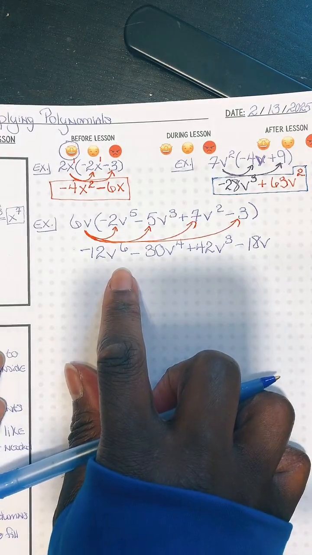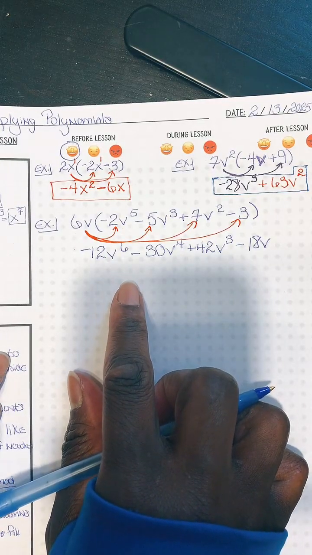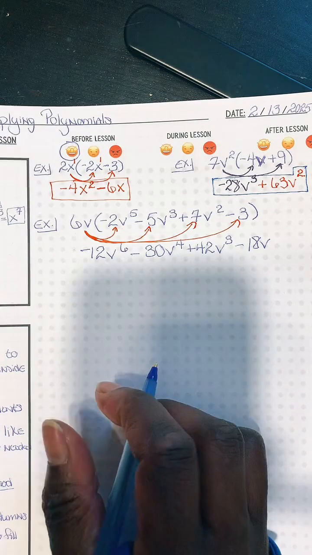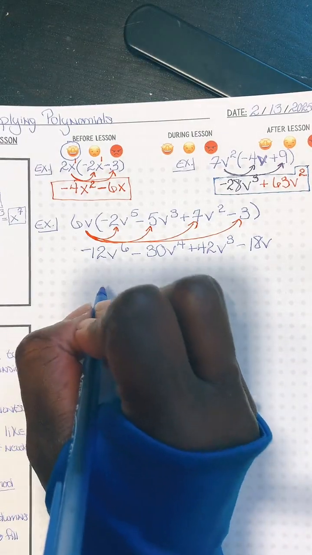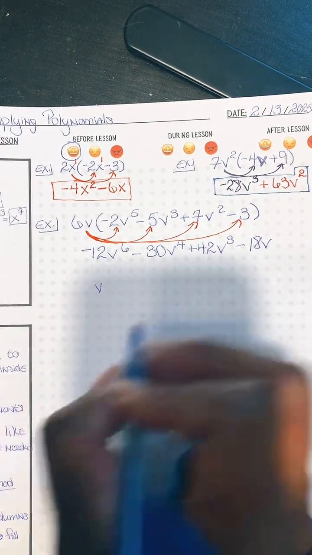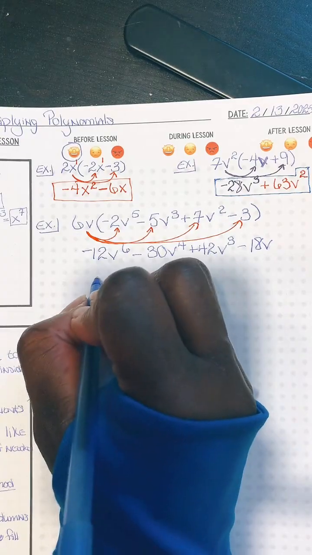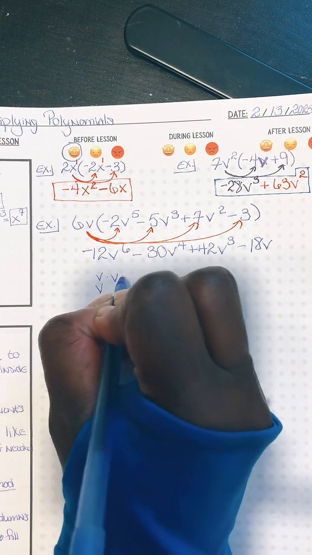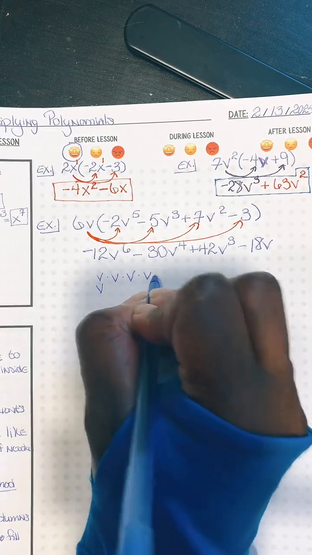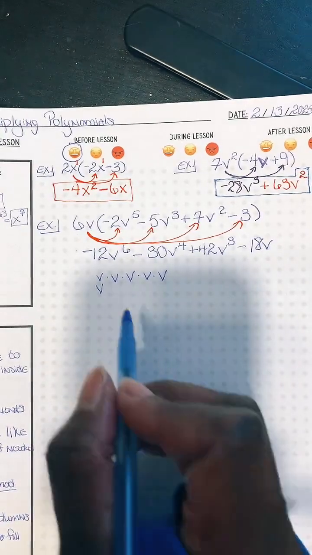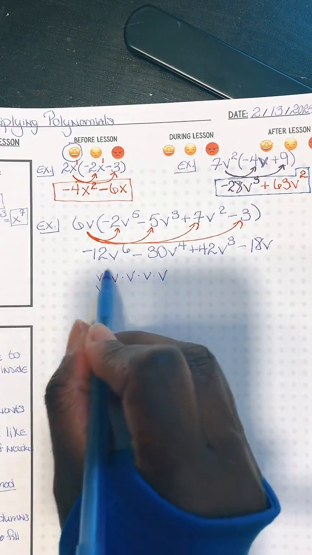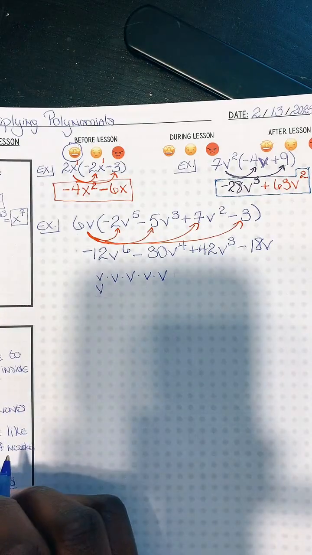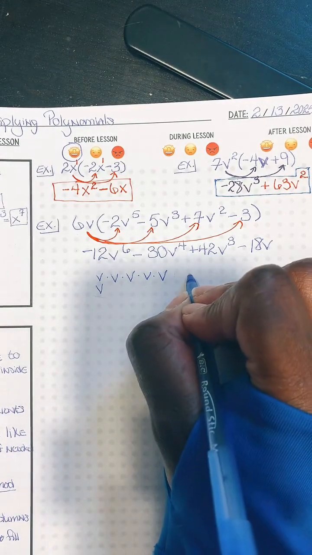So here is something. Why do we add the exponents? Okay, good question. So if I have 1v and if I have 5v's being multiplied, all together I'm going to have 6v's. So there's like a small shortcut.